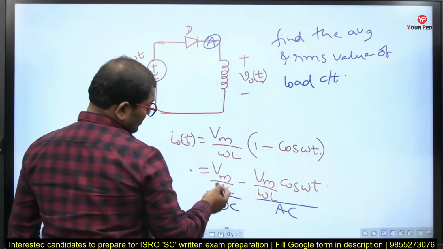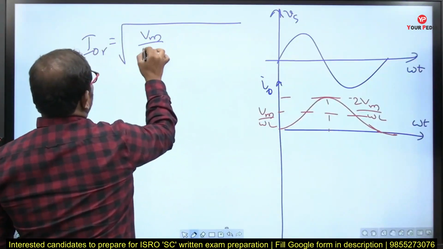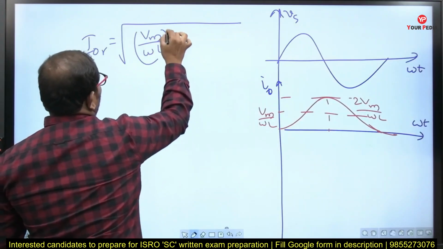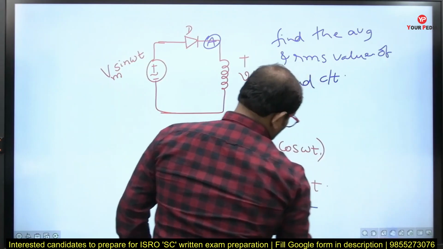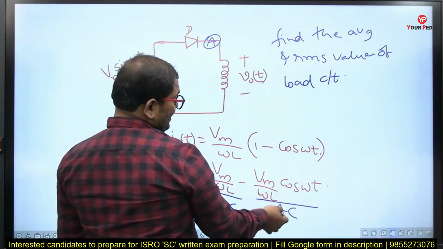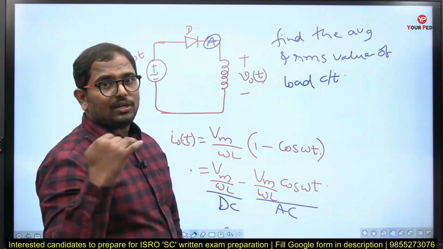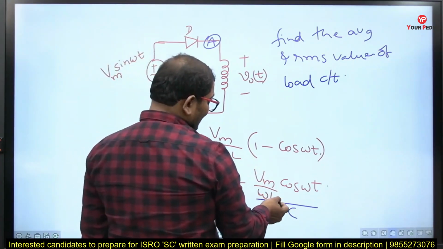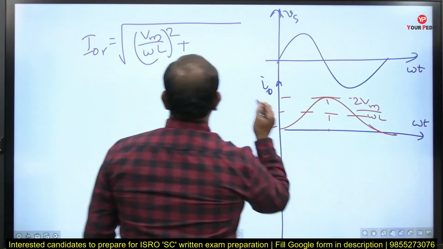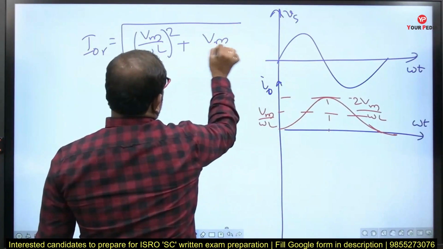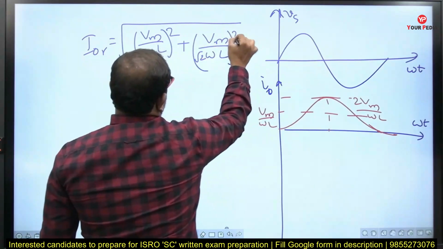The DC component, that is, Vm by omega L whole square. And the next component is the AC component. What is the RMS value for this component? For DC, average and RMS are the same. But for AC, take the magnitude and divide it by root 2, and you will get the RMS value. So Vm by root 2 omega L, whole square.